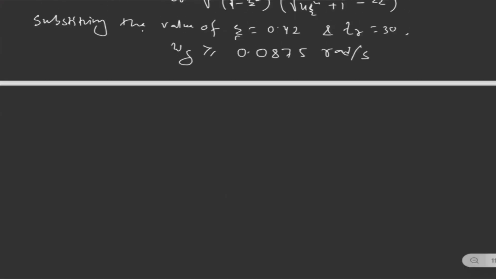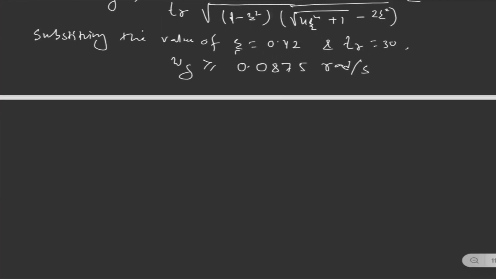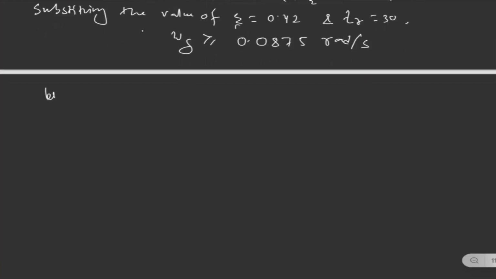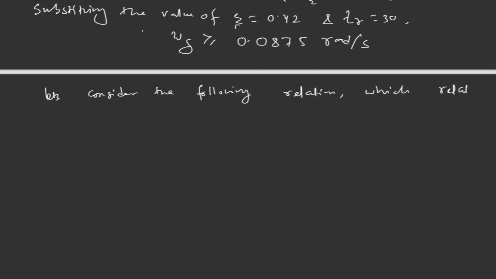Now we'll find again the gain crossover frequency from the relation between the gain crossover frequency and settling time. Let's consider the following relation, which relates the omega g and settling time ts.